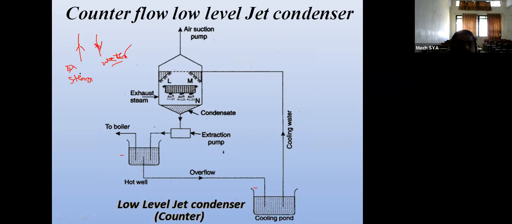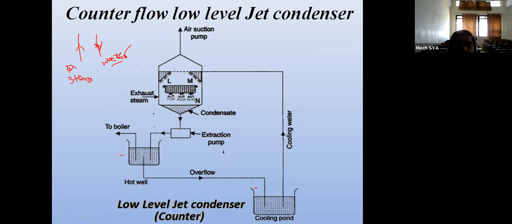Both are flowing in opposite directions. In this case, there is more area and more time, so the interaction between the water and exhaust steam is much greater as compared to the parallel flow jet condenser.